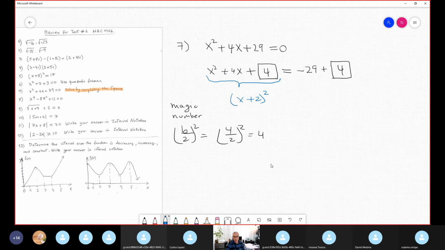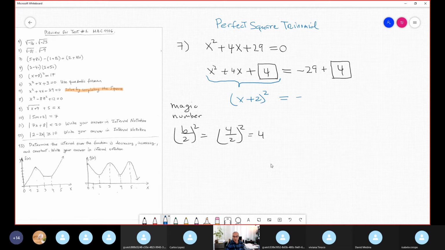And the middle term is only 2 times the multiplication of both. So 2 times x is 2x, times 2 is 4x. This is classical of the perfect square trinomial. Okay.